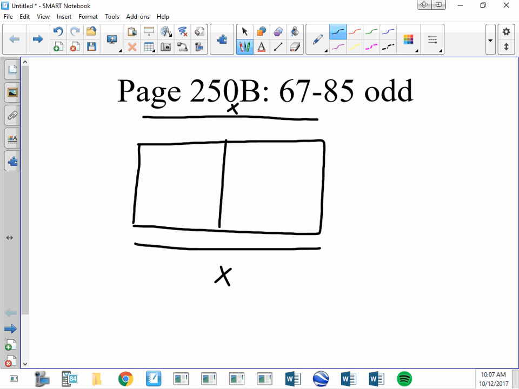So we have used 2x fencing, right? We started with 10,000, and I have taken away 2x. And then the remaining fence is going to be divided among 3 equal lengths.